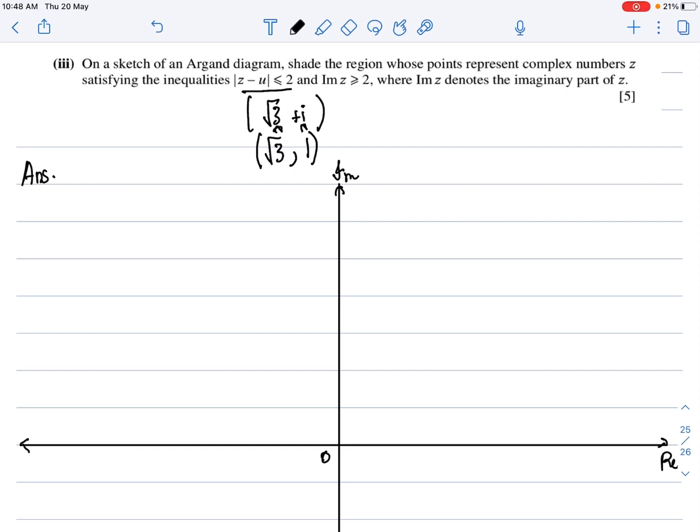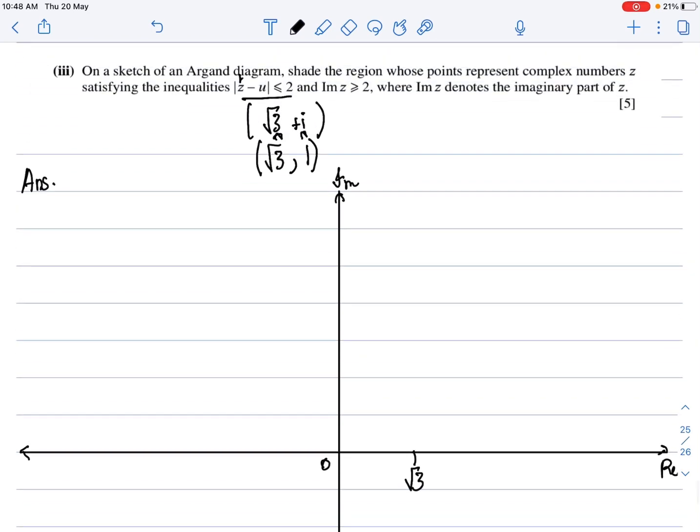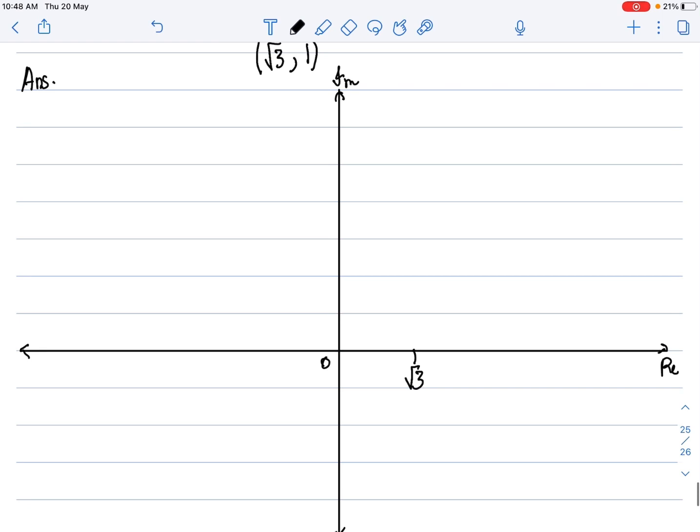So I have root 3 here and I have 1 here. So let's say my point lies somewhere here.